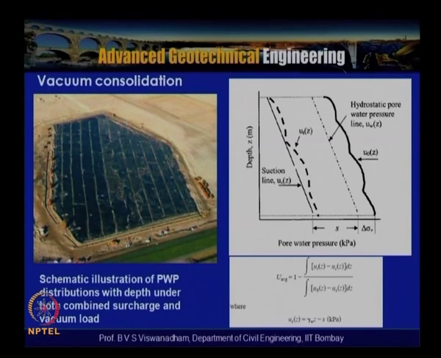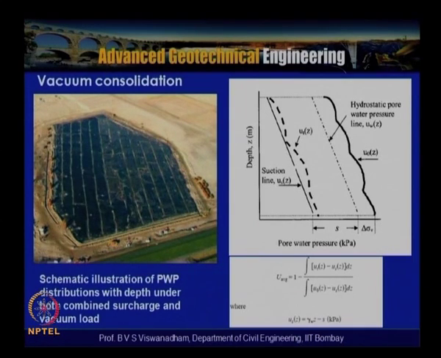So in such situations, it is for small sites where we can avoid the placement of the fills, and another important issue is that the vacuum can be generated instantaneously if we have efficient pumps, that is, a vacuum pump, which is placed.